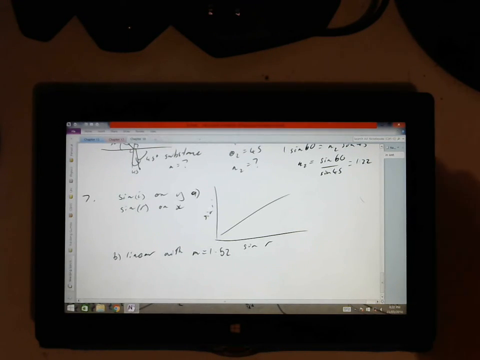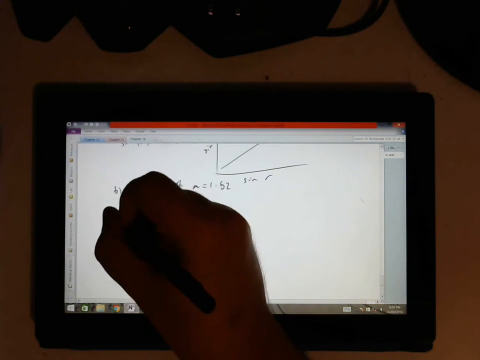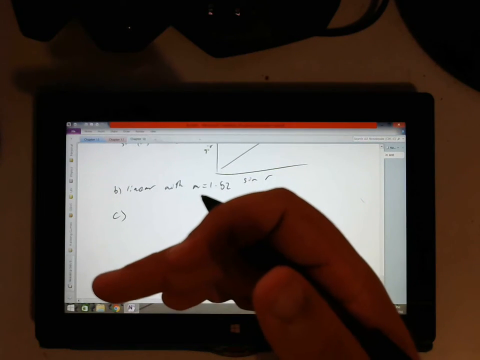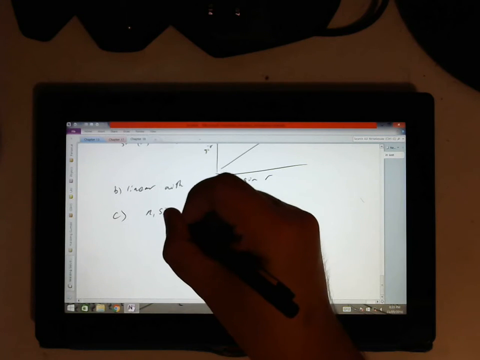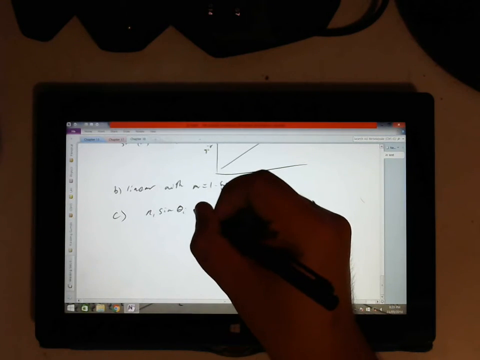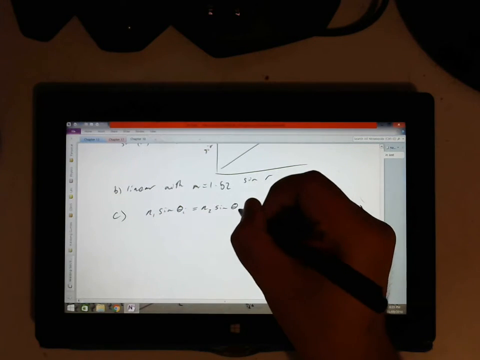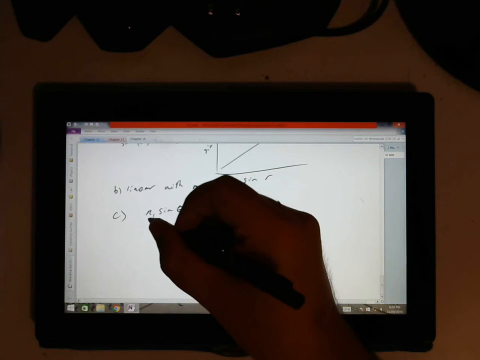Let's look at C. What is the refractive index? So, how can we figure out the refractive index from looking at this graph? Let's write out Snell's law for a second. We have n1 sine theta I equals n2 sine theta R. Now, n1 is just 1.